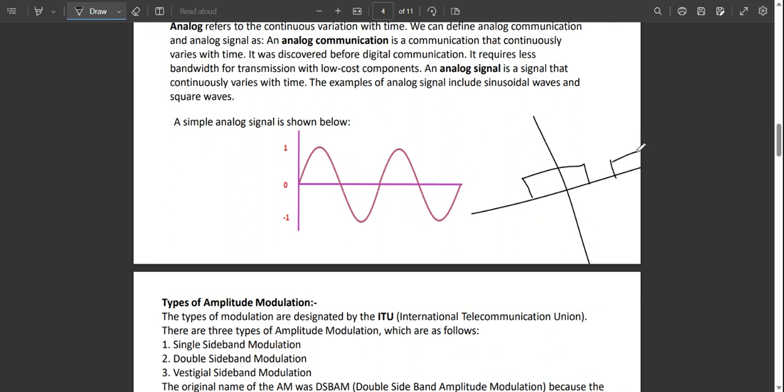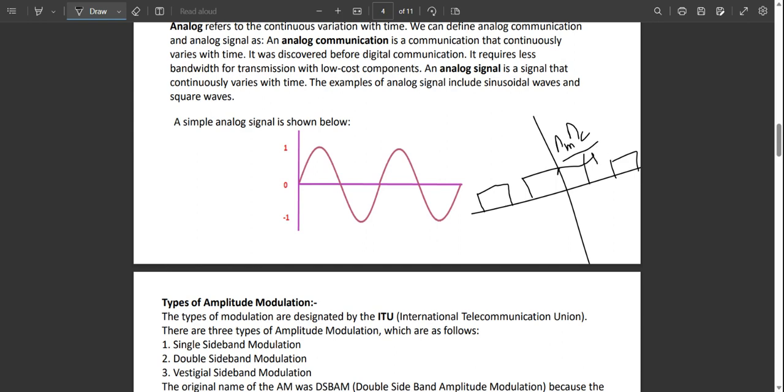This is the upper sideband, and this is our lower sideband. It has the amplitude of AmAc by 4.